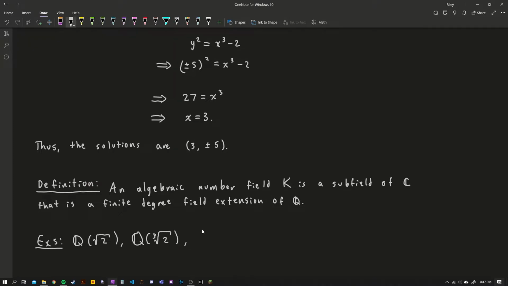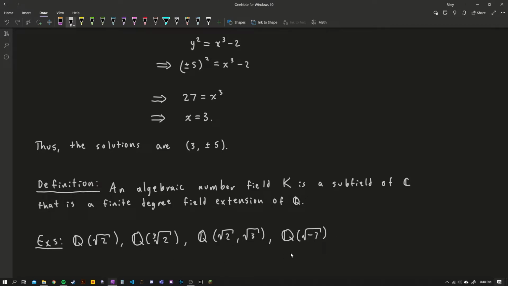We could also adjoin multiple elements, just not infinitely many. So we could have, for example, root 2 and root 3. Or we could even adjoin a complex number like we did in that last example, for example the square root of -7.